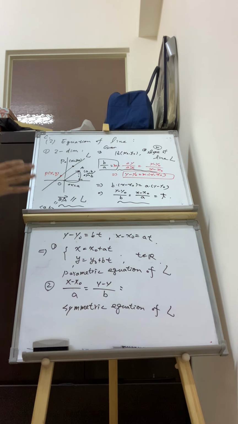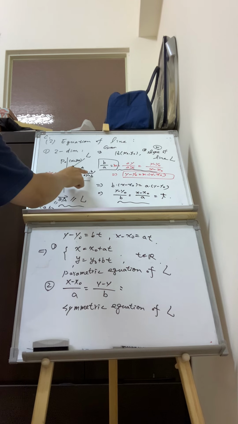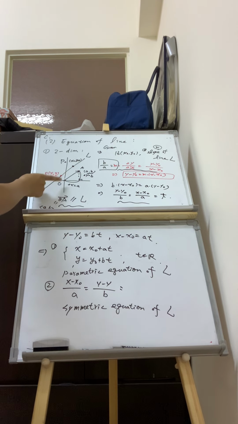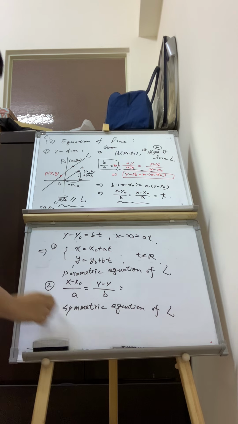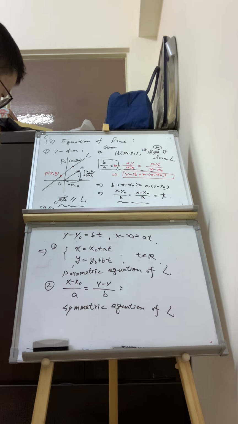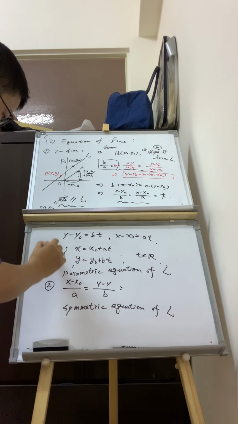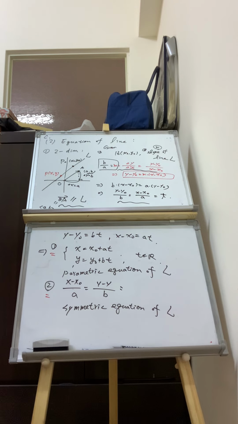But now if I give you a vector AB that is parallel to any vector in L, and I give you a point (x0, y0), then we could write down its parallel form and characterize this straight line in this way. We have two ways to characterize this straight line, right?